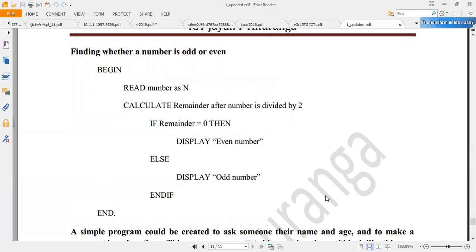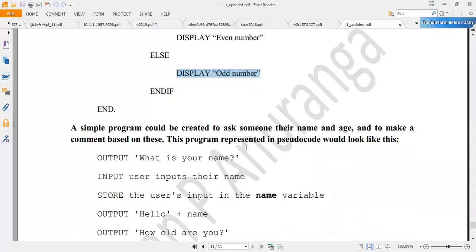Then end the if condition, and with that we totally end the process. That means the end state. So there is the input, the process, and the outputs. We should identify what the inputs are, what the process is, and what the outputs are.